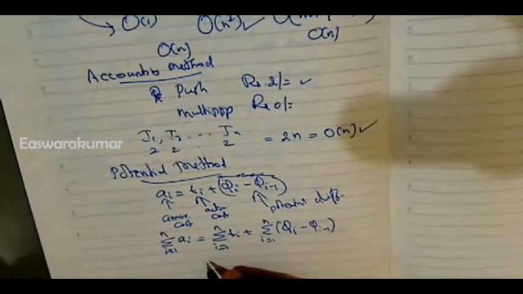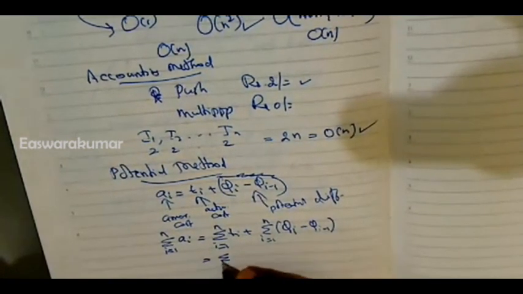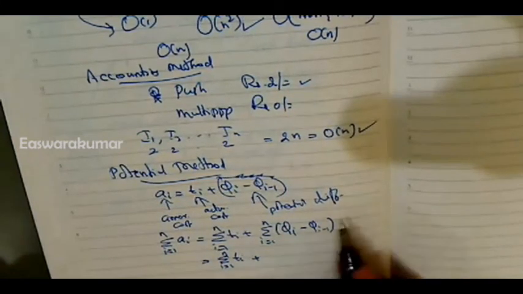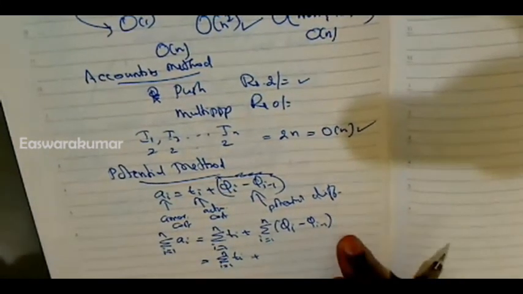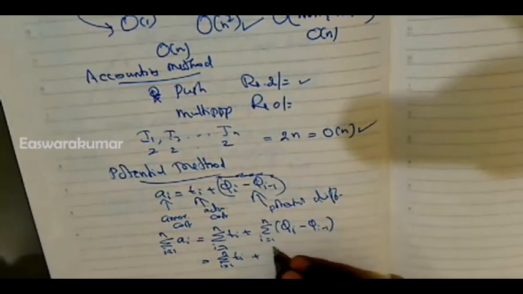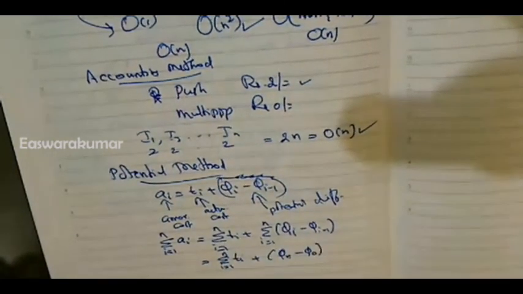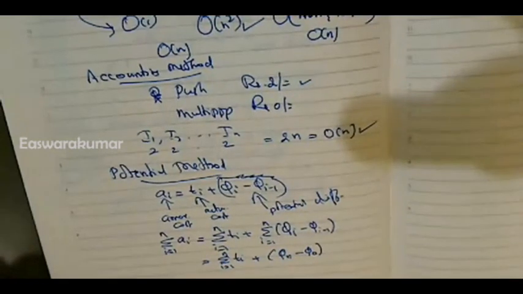Now if you expand the sum, some of the terms get cancelled. Finally, you will get only pi_n - pi_0. All the remaining terms get cancelled.